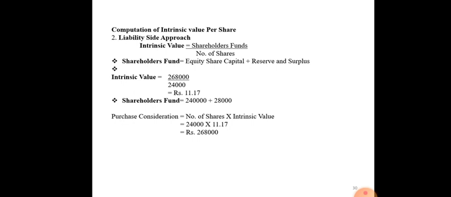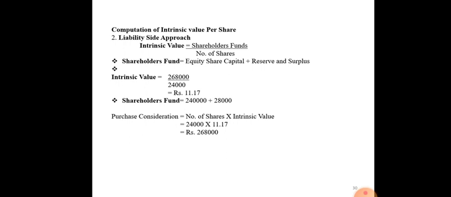The total is 2,68,000, and the number of shares is 24,000. So 2,68,000 divided by 24,000, the intrinsic value is 11.17. So from both approaches, we got the intrinsic value as 11.17. Now calculate the purchase consideration.